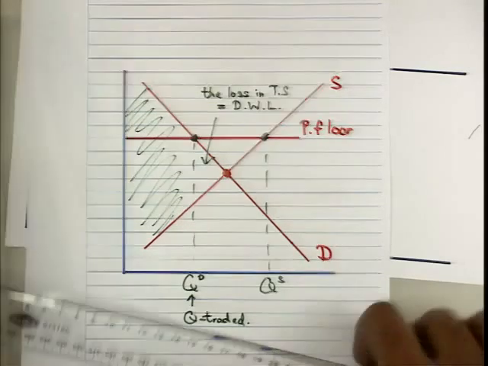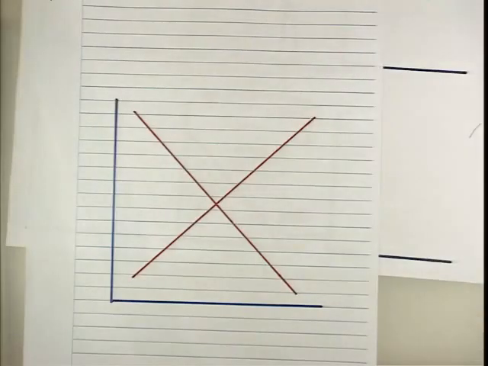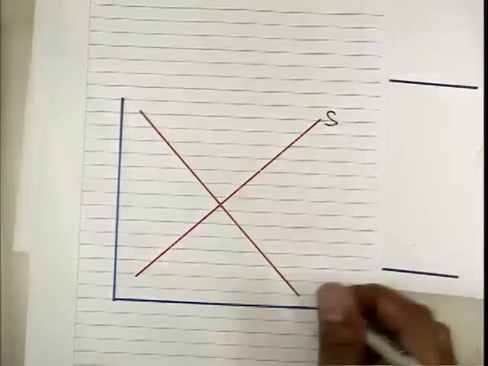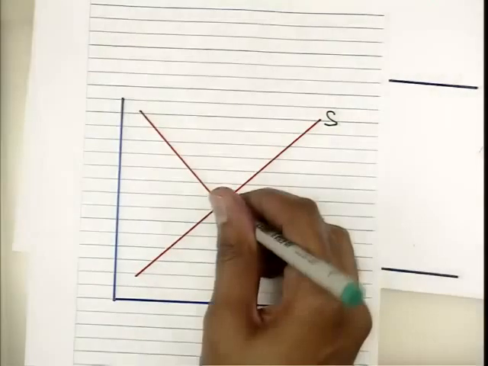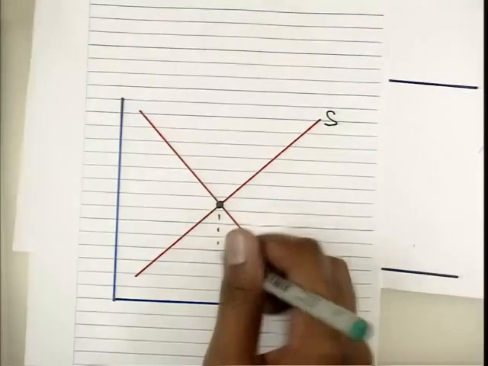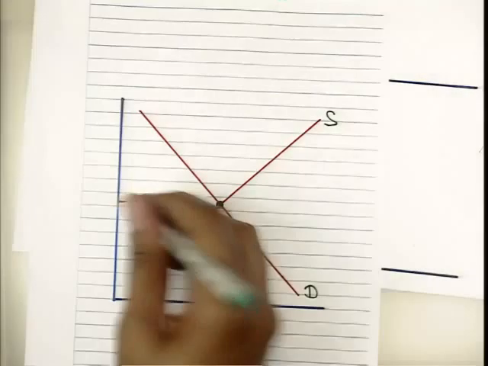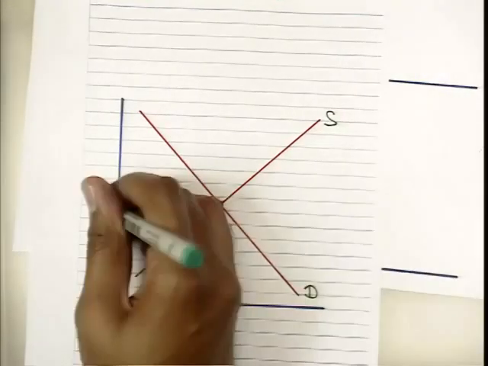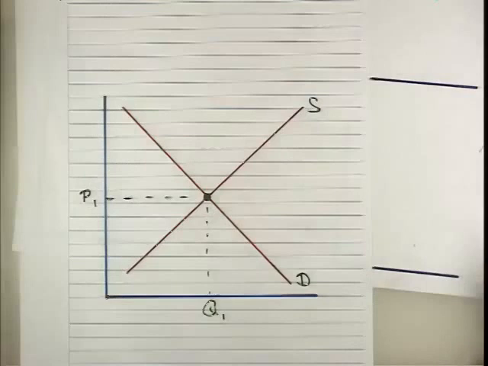Another way the government may interfere, if there are no external benefits and external costs, is that government imposition of a tax can also create a deadweight loss.